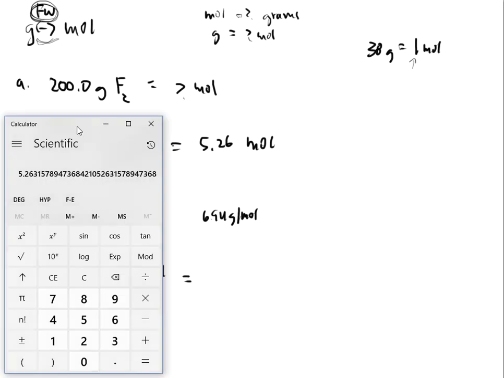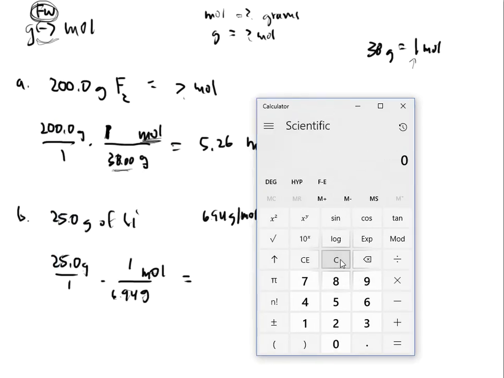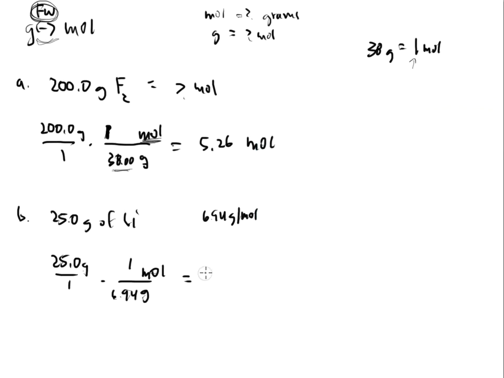All right, so I'll come to the calculator. I'll take 25, and I'm going to divide that by 6.94. I'm going to hit enter, and I'm going to get 3.60 as an answer. So 3.60 moles of lithium is what we have in our hands when we weigh out that amount.